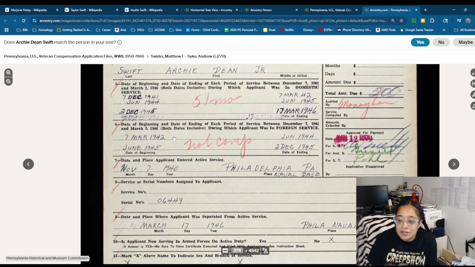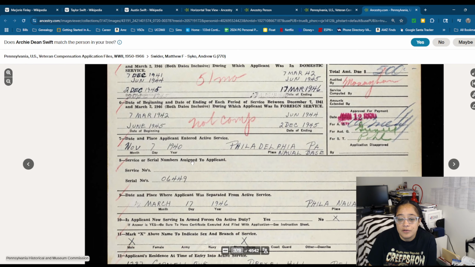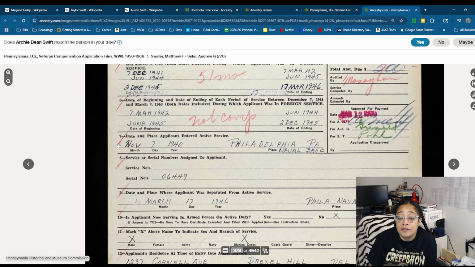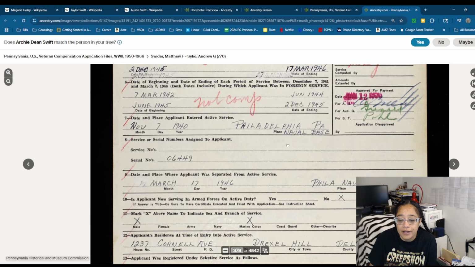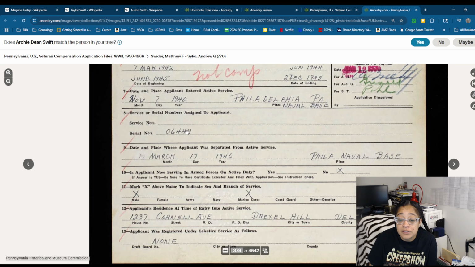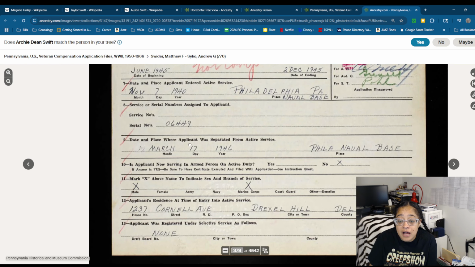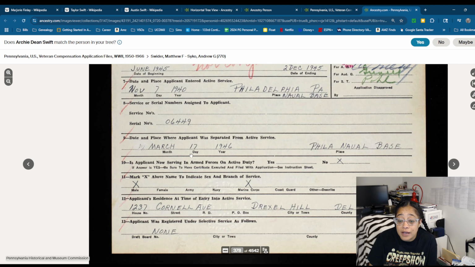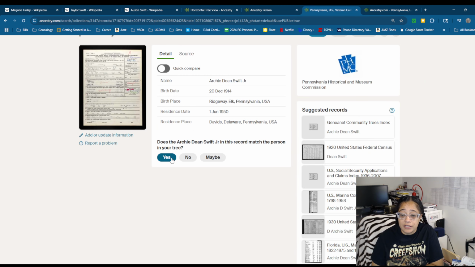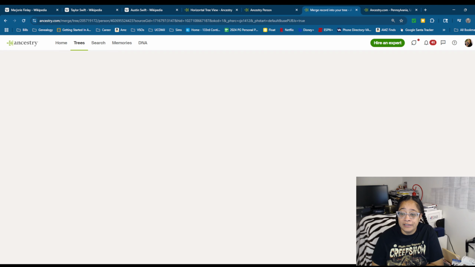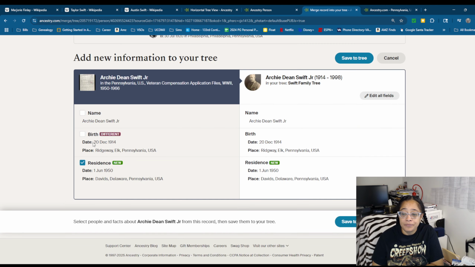So military service can be like that sometimes. That's no big deal. But we have here the date and place the applicant entered active service. Okay. Then service or serial numbers assigned, and then the date they were separated from active service. Okay. So this all looks great to me. I'm going to go ahead and add that in.